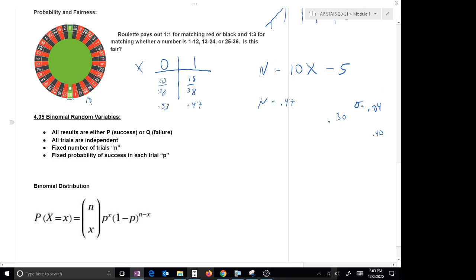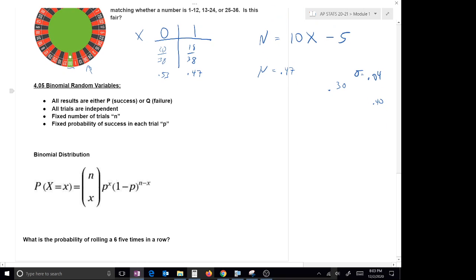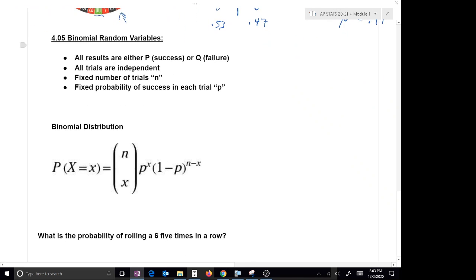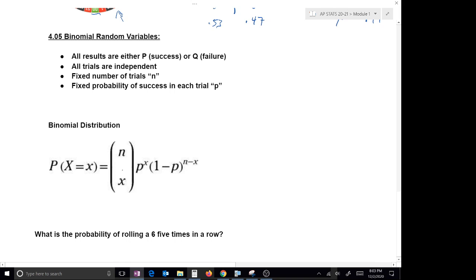Okay, this is the binomial distribution formula, and it looks kind of scary here, but with just a couple of definitions it's actually not too bad. This is not a fraction, by the way, in this little bracket here.